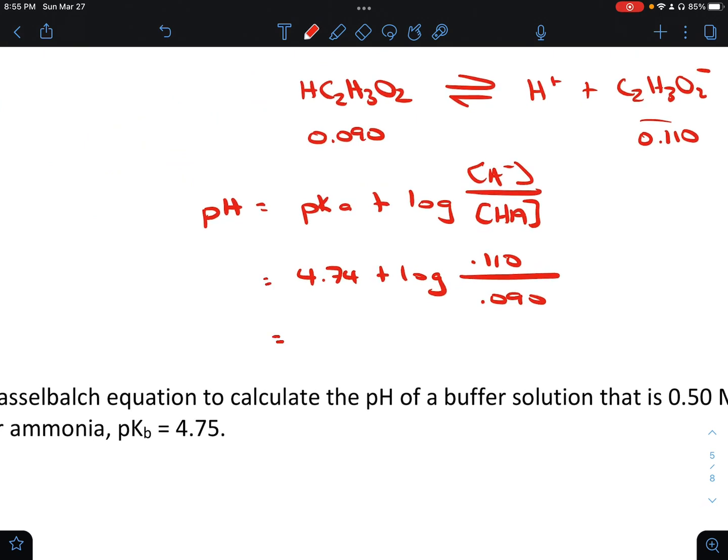So we've got 0.110 divided by 0.09. Now we take the log of that. That is 0.087, plus 4.74.